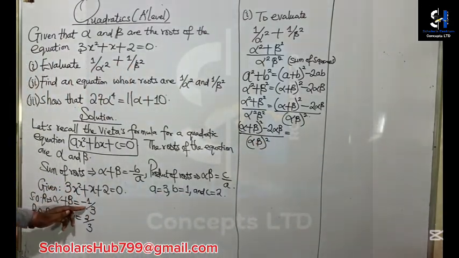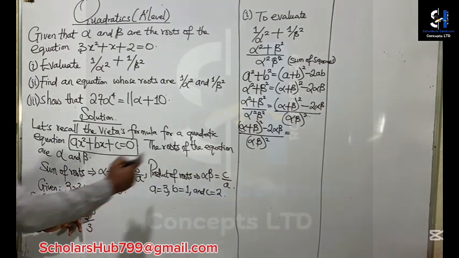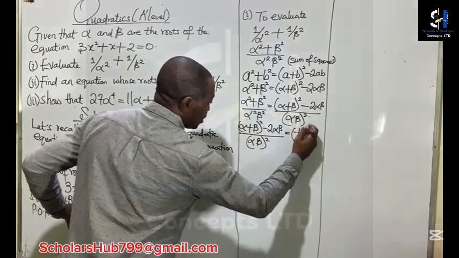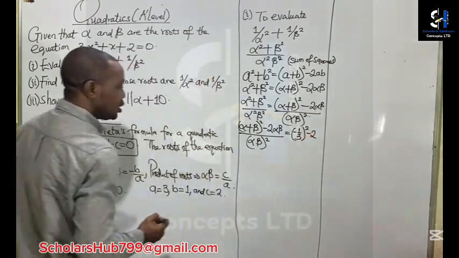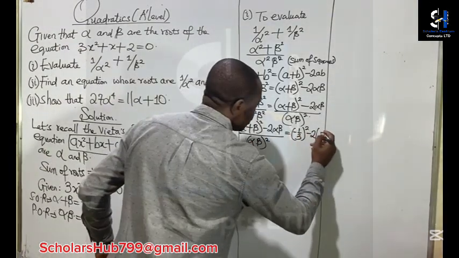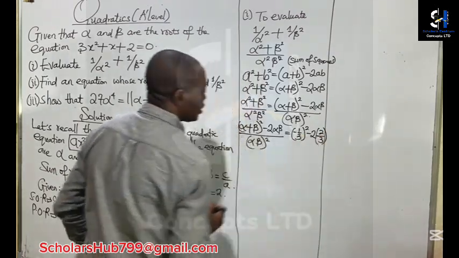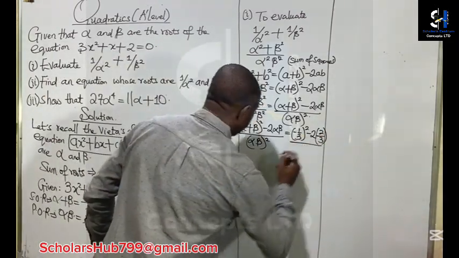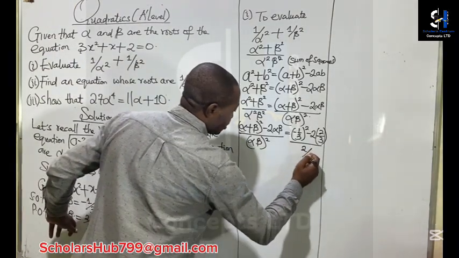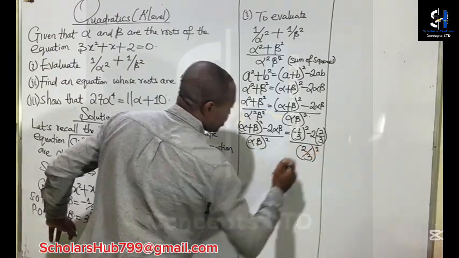Alpha plus beta is -1 over 3, so we have -1 over 3 raised to the power of 2. Then 2 times the product of alpha and beta, which is the product of roots, that will be 2 over 3. Then over, now the product of alpha and beta is 2 over 3, so we have 2 over 3 raised to the power of 2.